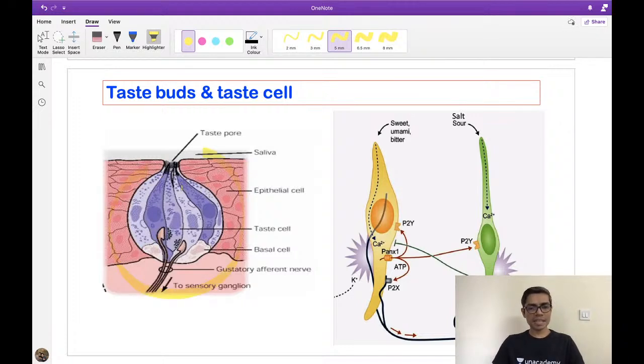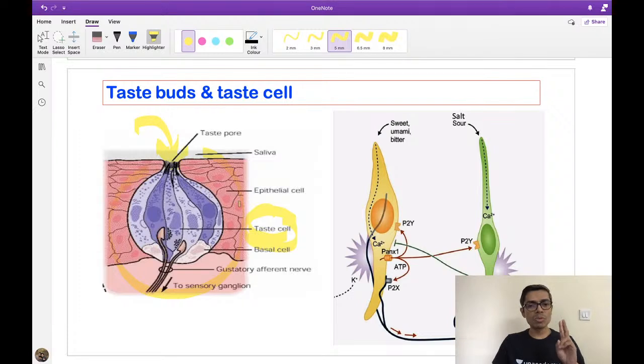Inside this taste bud you find multiple cells. These cells are known as the taste cells. They are the actual cells containing the various receptors, maybe umami, maybe sweet, maybe sour, any kind of receptor. At the top of this taste bud there is an opening, a pore, through which the tastant will enter and then stimulate the different types of cells.